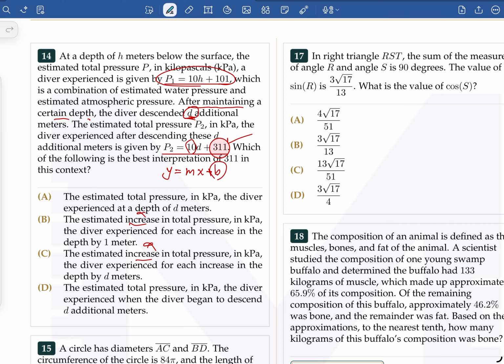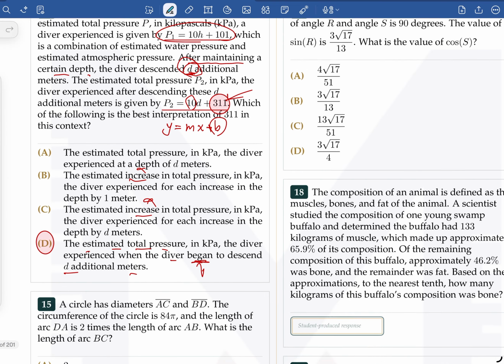The last one, the estimated total pressure the diver experienced when the diver began to descend d additional meters. That's the correct answer. Began, which means this is the beginning. After the additional d meters, which means letter D is our answer.